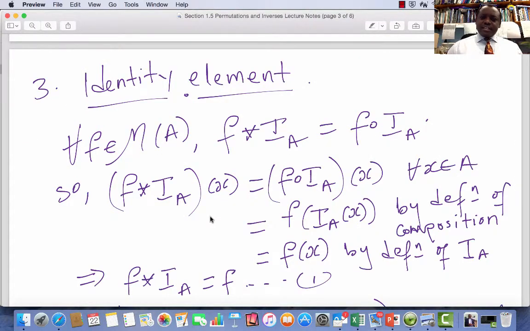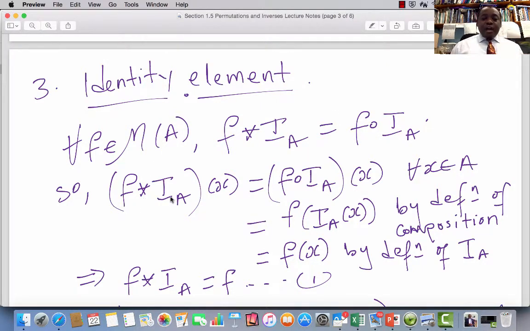Identity element. For every F in MA, by the definition of our binary operation star, F star IA is simply F composed with IA. Now, let us verify that MA under composition actually has an identity element, and that identity element is nothing but our IA, which we defined previously.